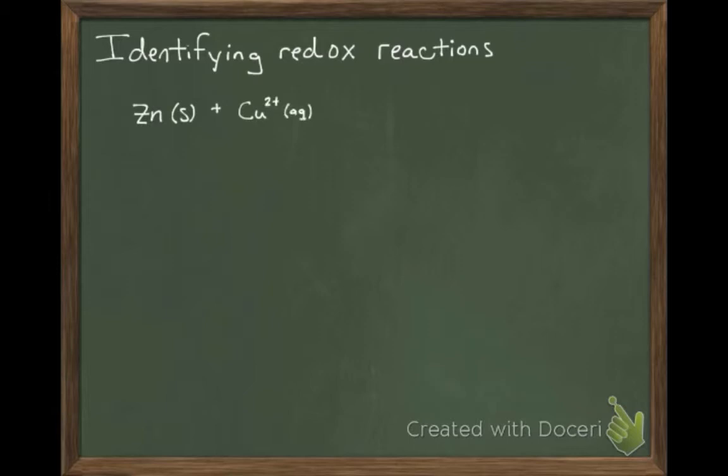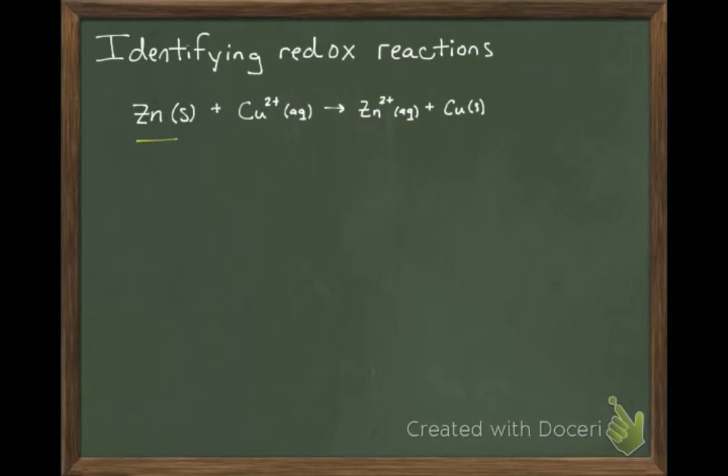So imagine taking some solid zinc and plopping it into a blue solution of copper 2+, and what happens is that you start a redox reaction in which copper starts to form a solid, and zinc is converted to aqueous zinc 2+. Now this one is pretty easily identified as a redox reaction. We're going to go through the formal process, though, of assigning the oxidation states to do the identification.